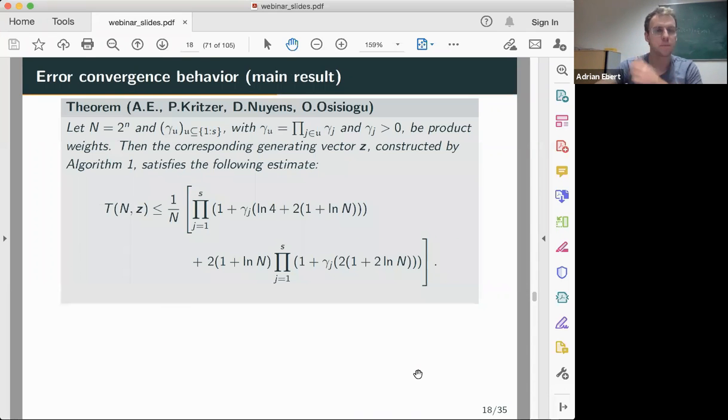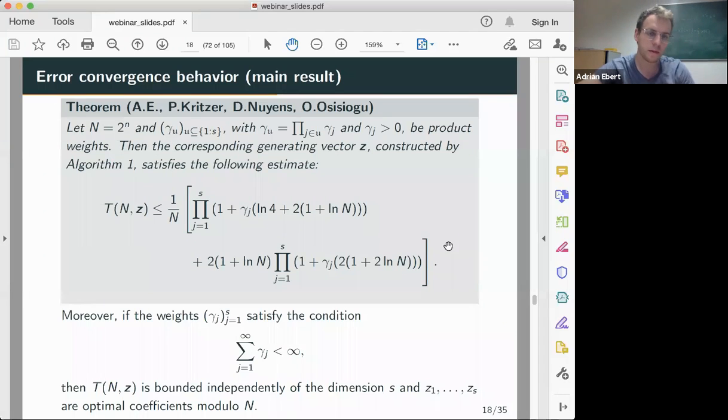We then obtained some good theoretical results regarding the error convergence behavior of generating vectors constructed by this algorithm. Basically the statement of the theorem is the following. Under some given parameters, if we run the algorithm to obtain a generating vector, then the quality measure T of this generating vector satisfies this rather technical bound.